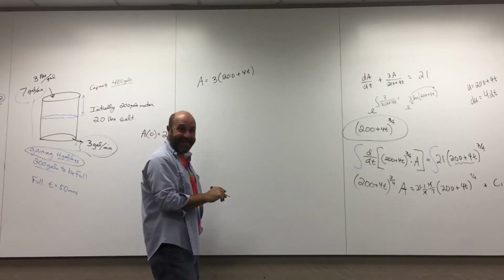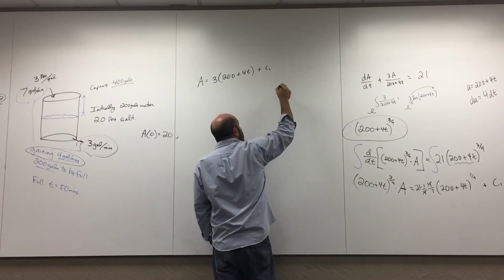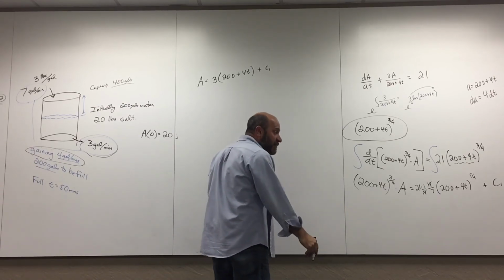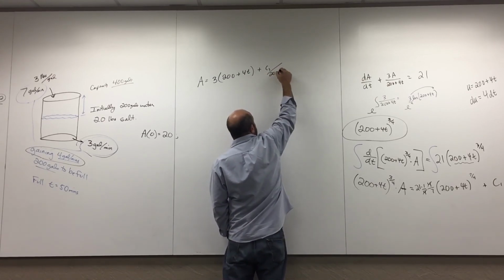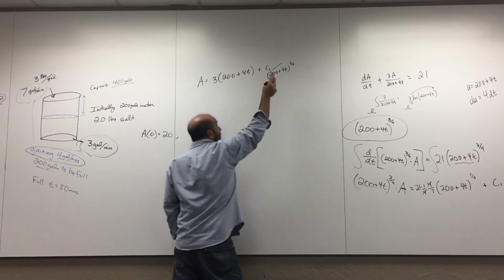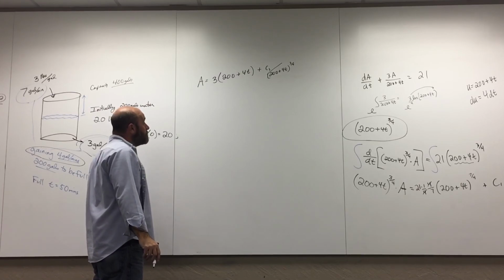I love that. Plus C1 times 200 plus 4t to the negative 3/4. You could say it's C1 divided by 200 plus 4t to the 3/4. This works here, divided by that. That's awesome, you guys.